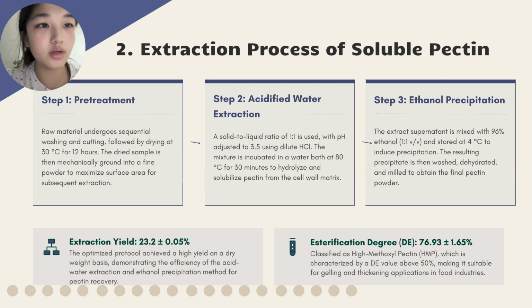Furthermore, the degree of esterification was determined to be 76.93 plus or minus 1.65%. Because this value is well above the threshold of 50%, the extracted carbohydrate is classified as high methoxyl pectin, making it ideal for rapid gelling applications.